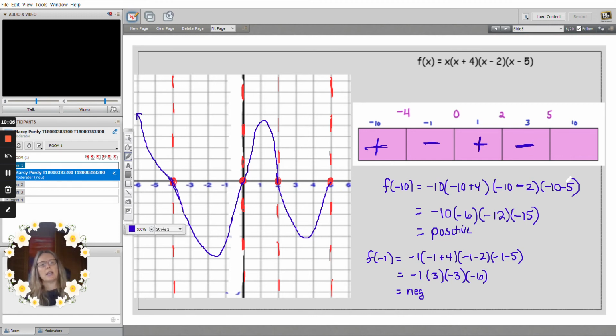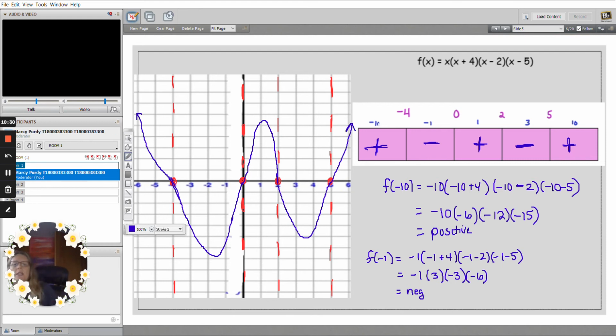And guys, if you go back to what our degree is, we said that both sides of the graph are going in the same direction. So if the left side is going up, you know the right side is going up too. So you really wouldn't even have to plug in 10, but if you wanted to, you could. And what we find is that it will end up with a positive value, so it's going to go up.